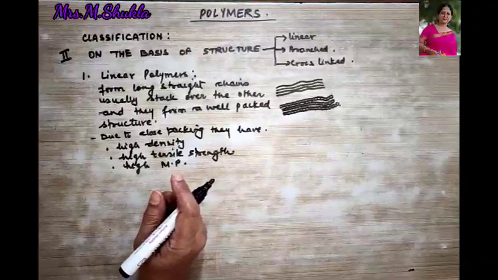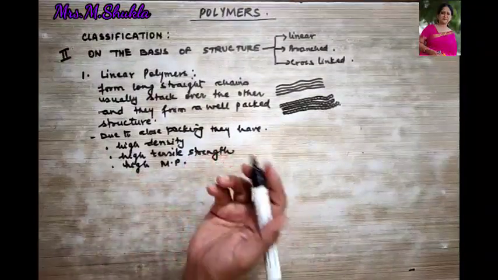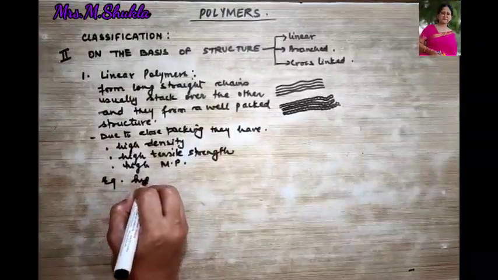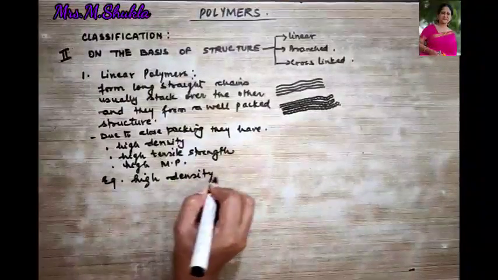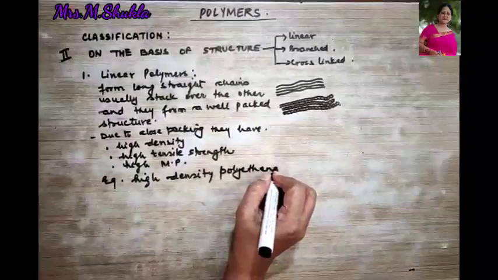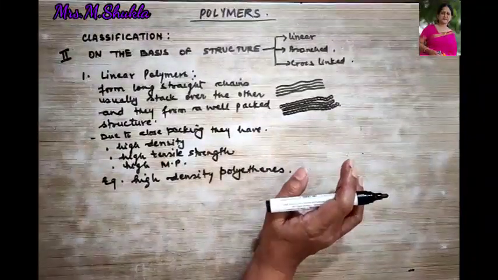An example is high density polyethene. This is an example of linear polymers.